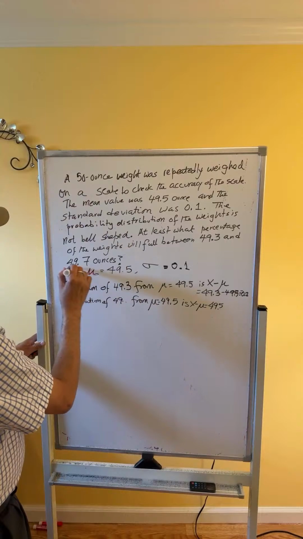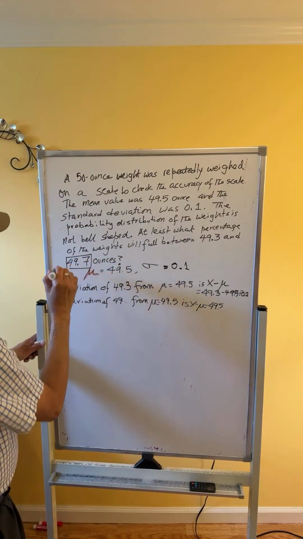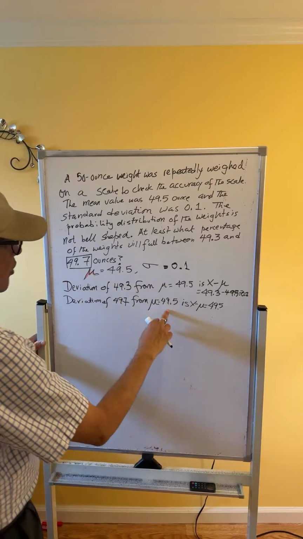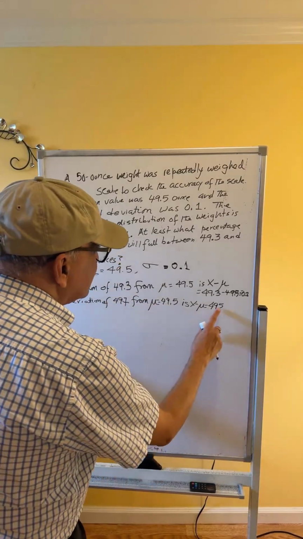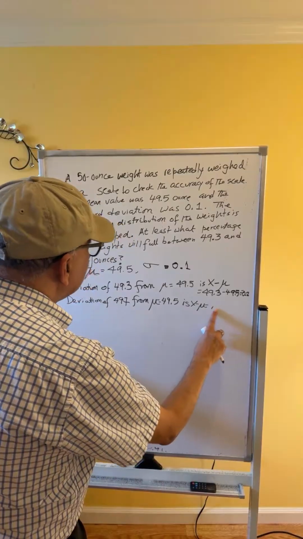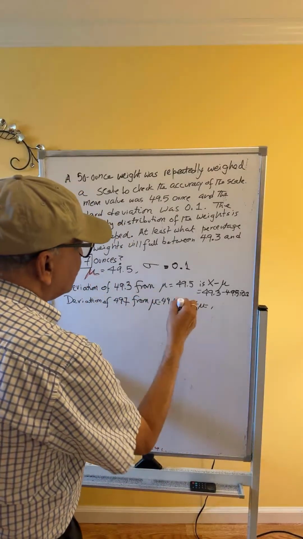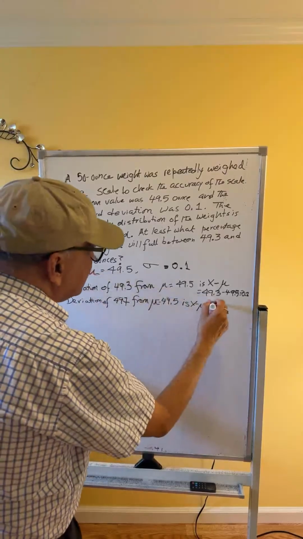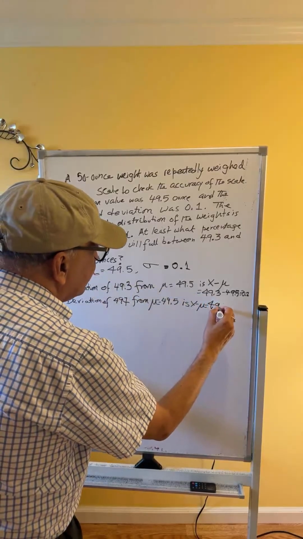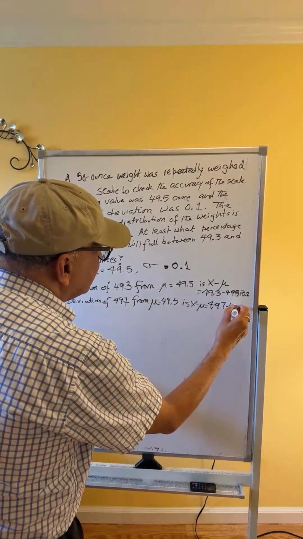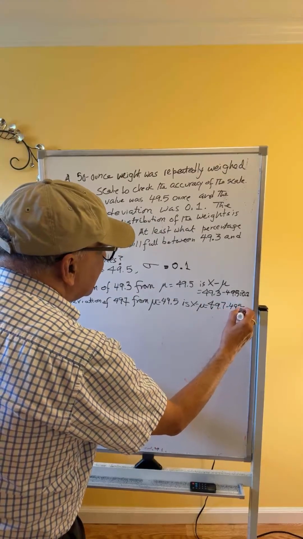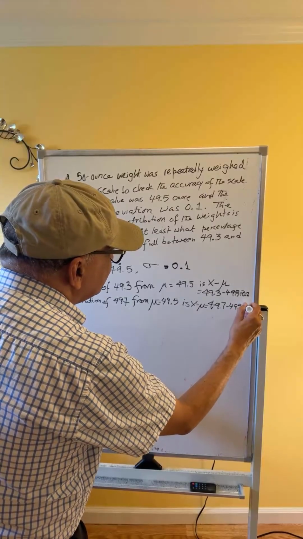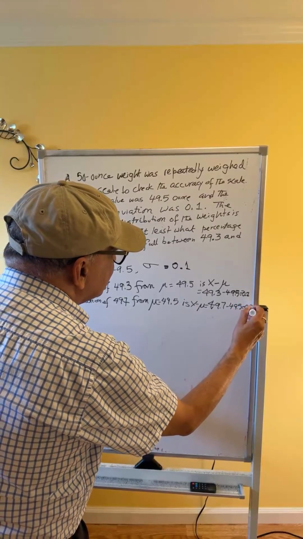I first dealt with the lower boundary, now I will deal with the upper boundary. 49.7 minus 49.5 is 0.2, positive, because 49.7 is greater than 49.5.